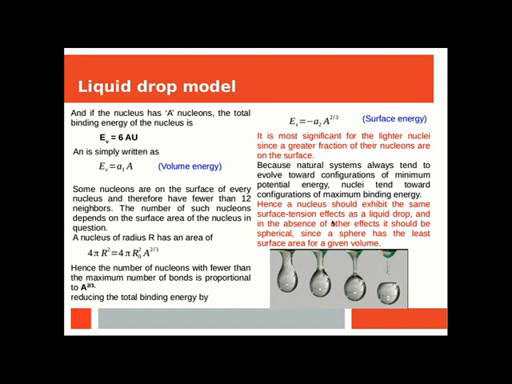You see that in this picture the formation of a drop has been shown, and it can be seen that the drop tries to acquire a spherical shape in case of any external disturbance. The same is the case with the nucleus: it tries to become as spherical as possible.